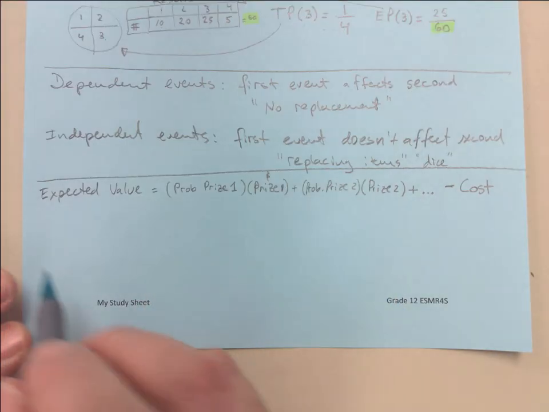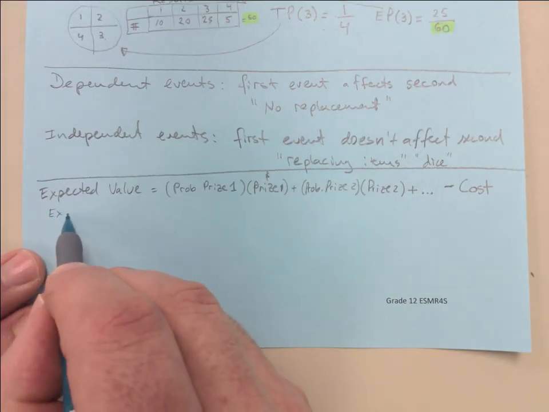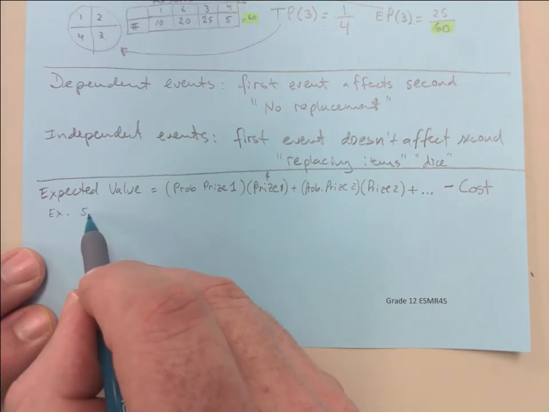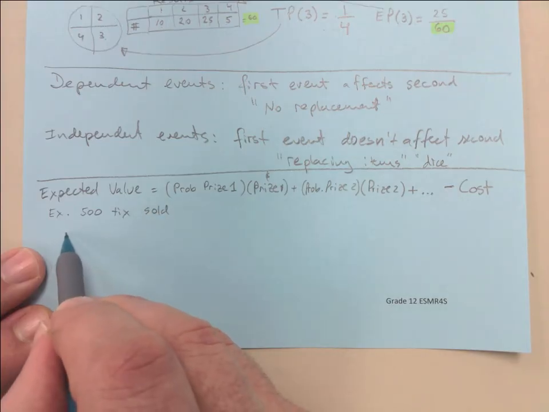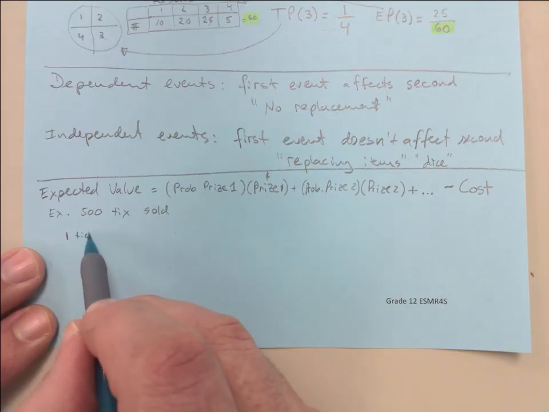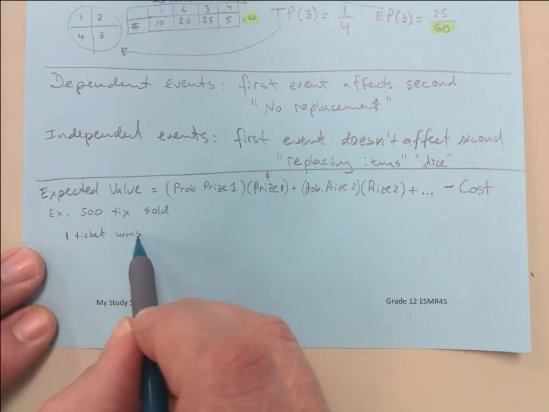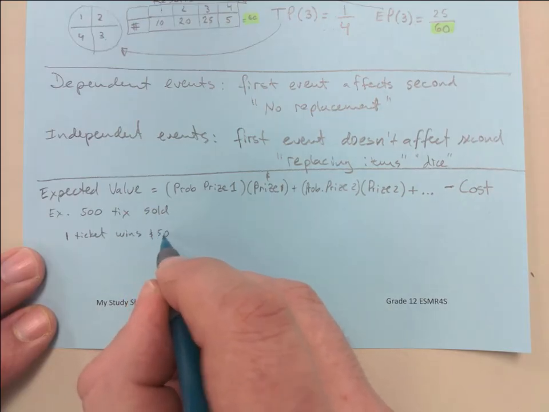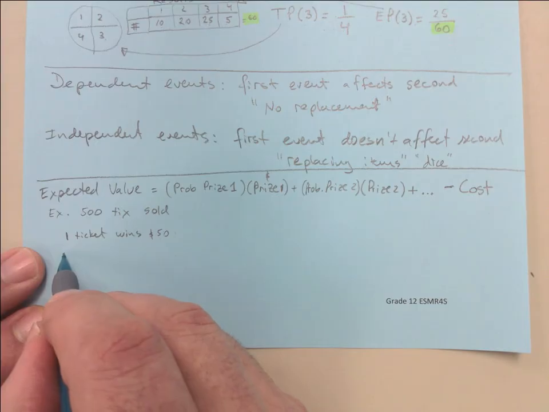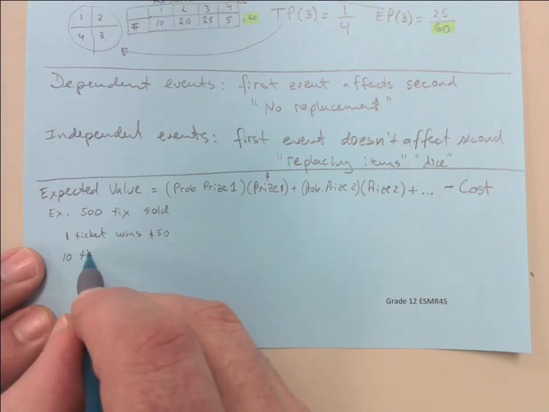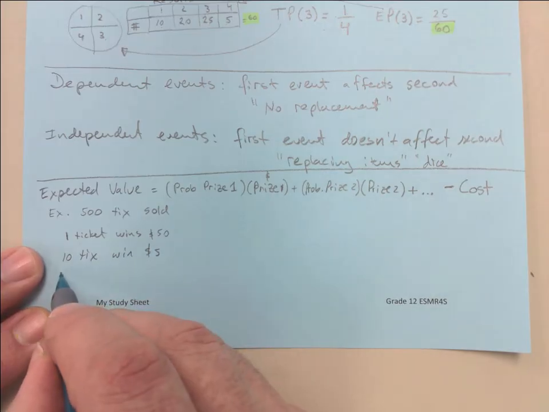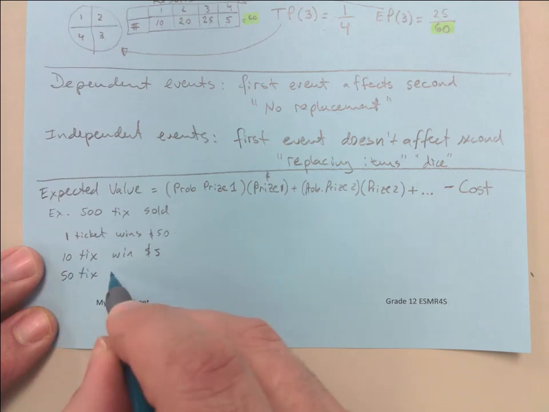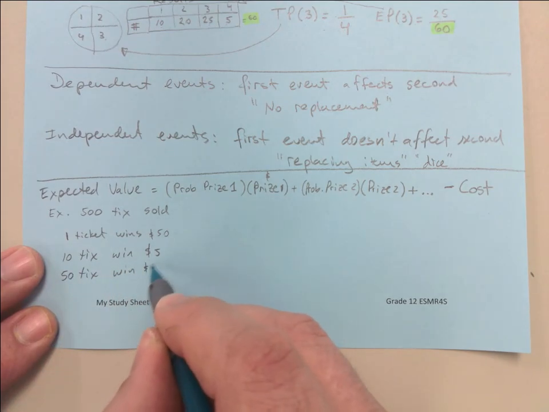I will give you an example here. 500 tickets sold, and I'll say that there's 1 ticket wins $50, 10 tickets win $5, 50 tickets win $2, let's say.